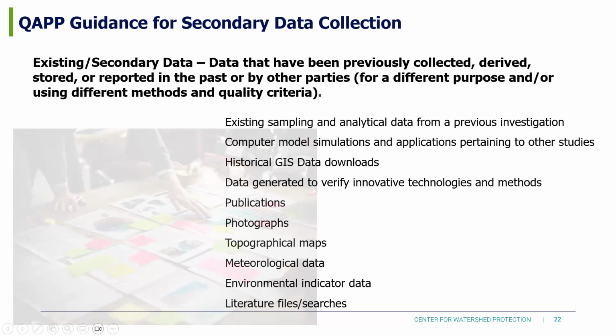Could be computer model simulations and applications pertaining to other studies. Could be historical GIS data, data generated to verify innovative technologies and methods. Could also be publications, photographs, topographical maps, meteorological data, environmental indicator data, or literature files or searches.